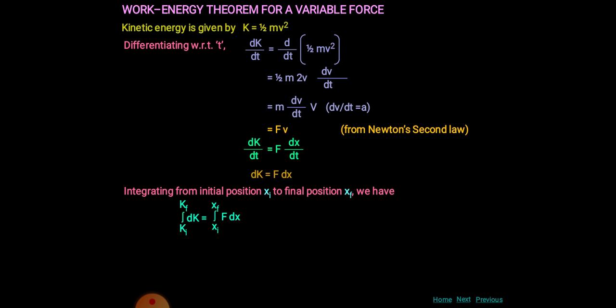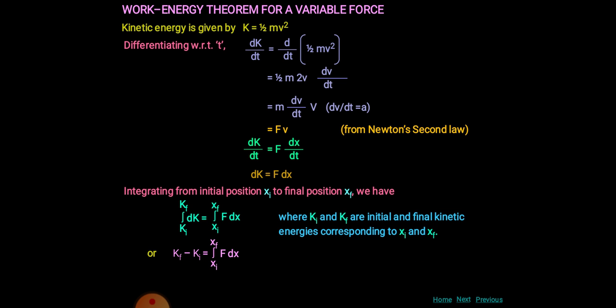So Kf minus Ki is equal to, we write it as it is, integration from xi to xf of F into dx. And you know that force into displacement is nothing but work done. So instead of the integral from xi to xf of F dx, we can put W. So what do we get here? Kf minus Ki is equal to W, and this is nothing but the work energy theorem for a variable force.